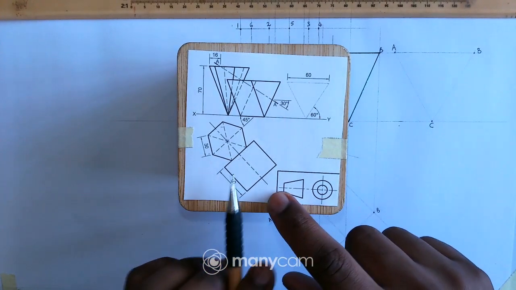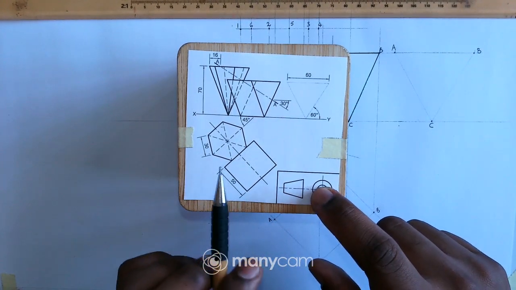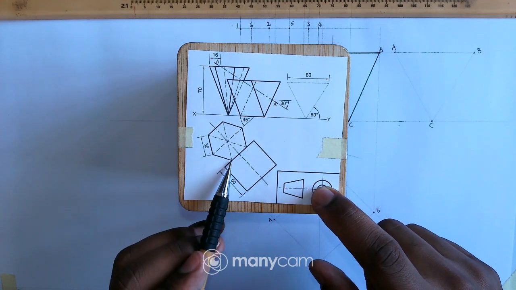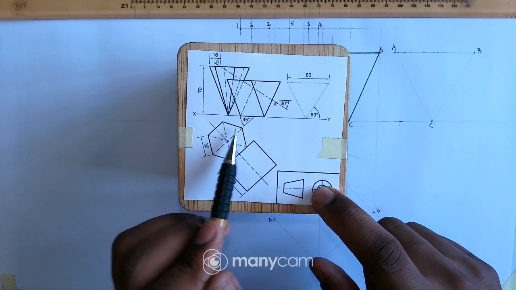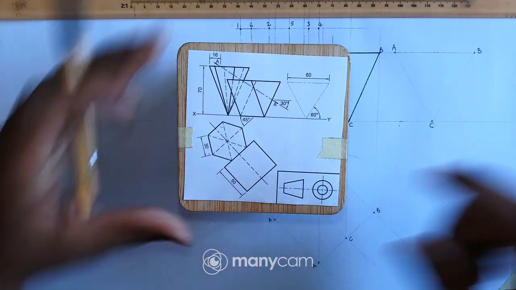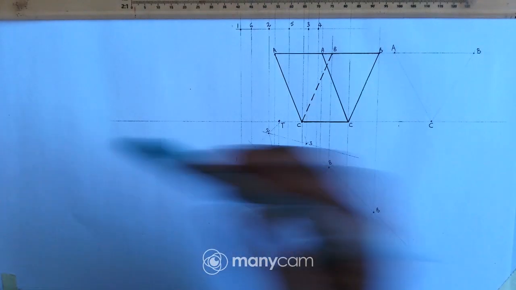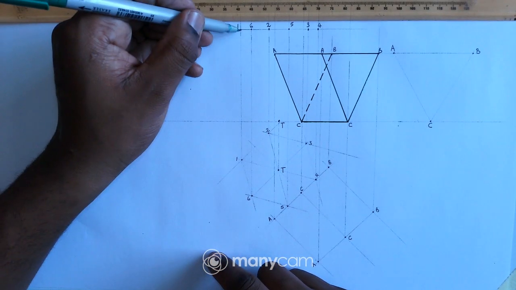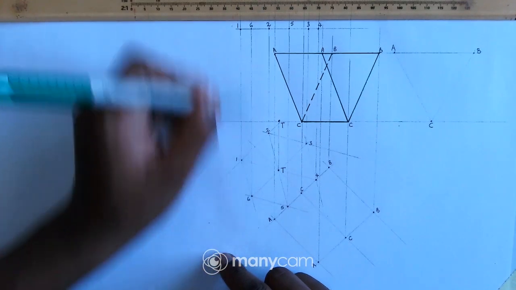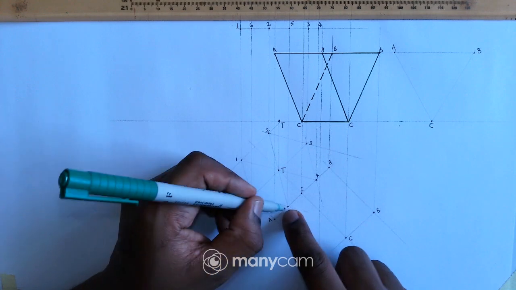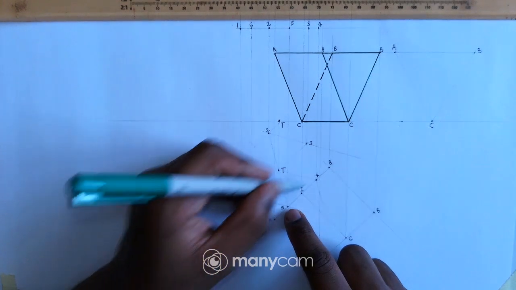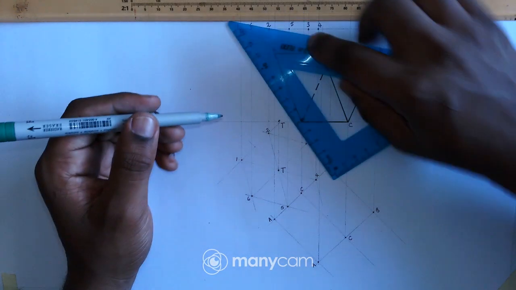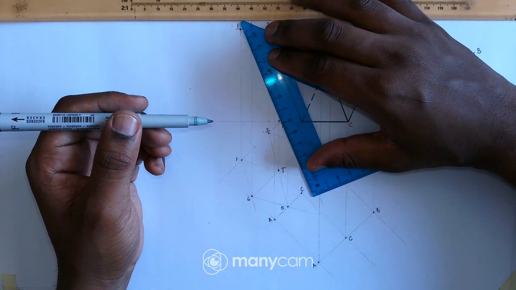But looking from this direction, I'll see this corner, that corner, this corner, and that corner. But these two are hidden, right? Okay, so I'll see line T6, I'll see line T1, T6, T5, and T4. So what I can do here, I'll just draw a line from T to 1.